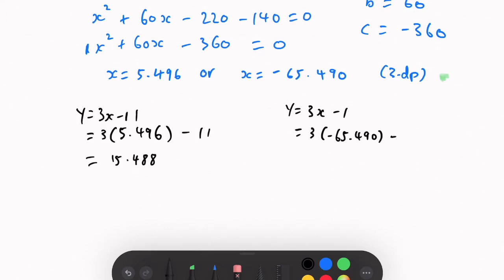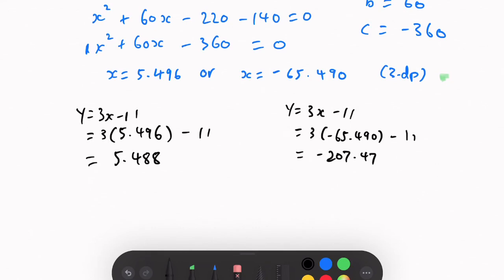No, this is 11. I think I did that one wrong. Sorry. You should get 5.488, and you should get, no, that's 11. Minus 207.47.